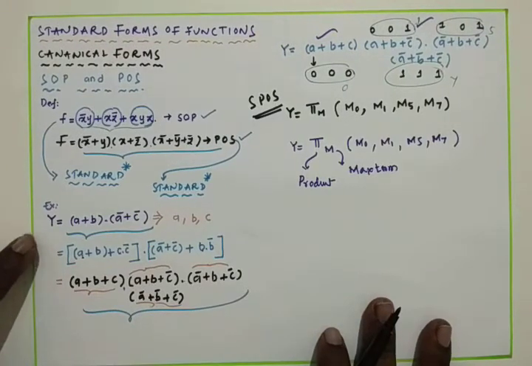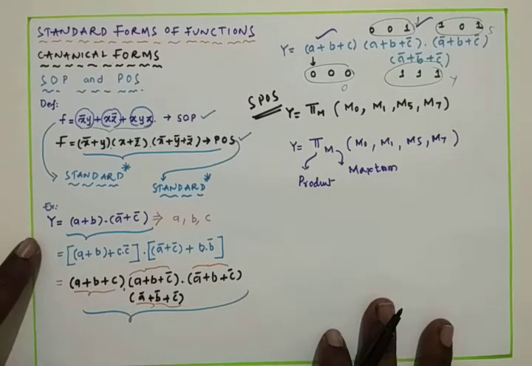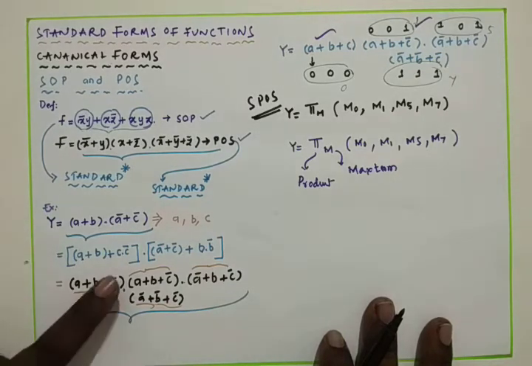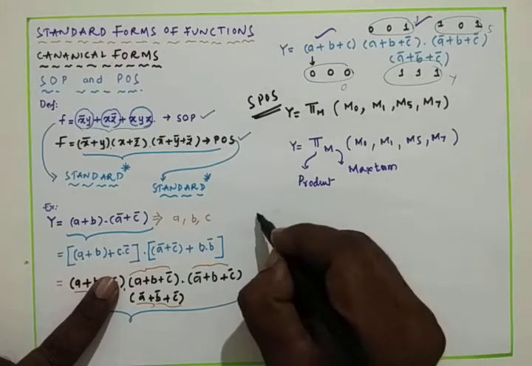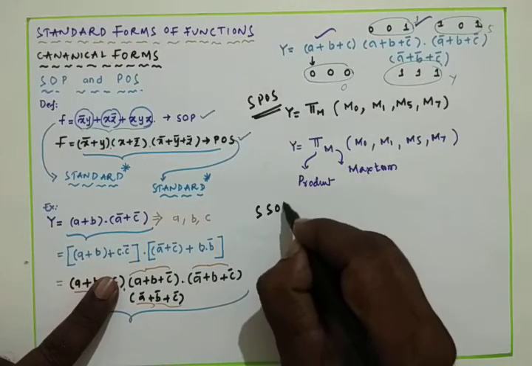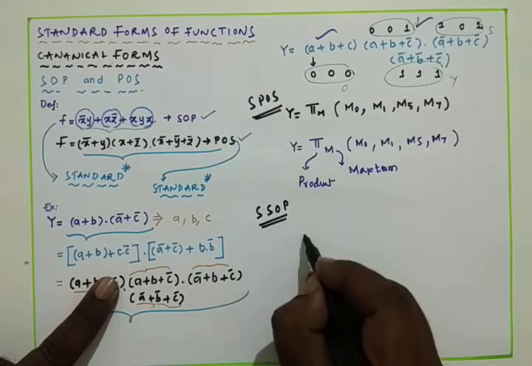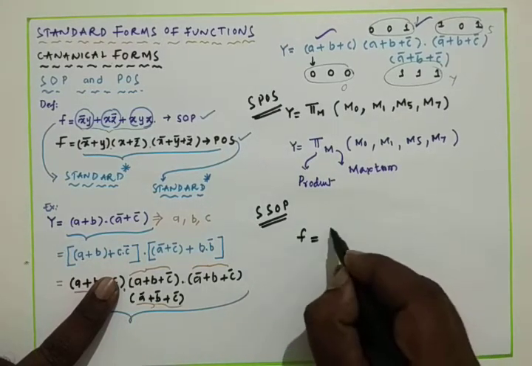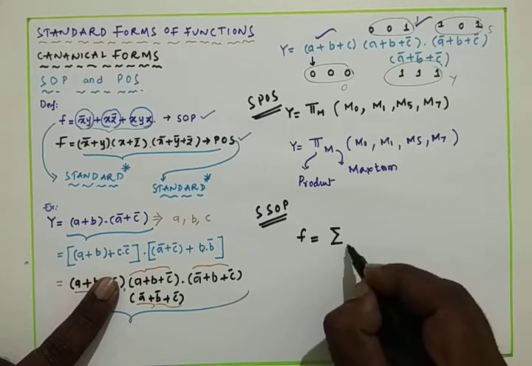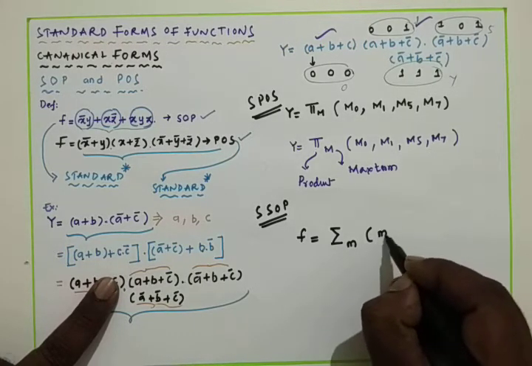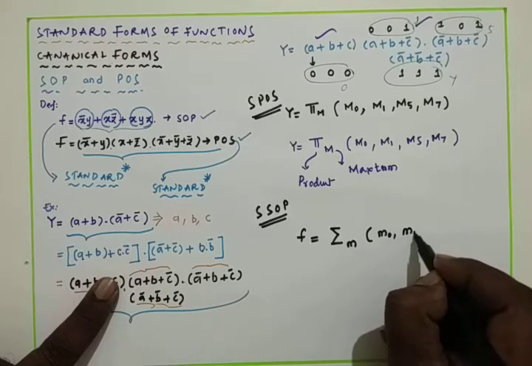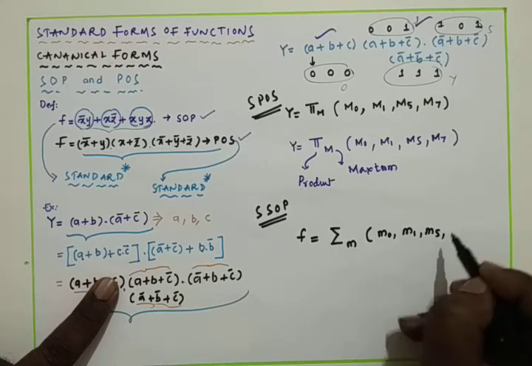Standard form of POS means that in this form each and every term has all the literals, so it is called standard POS. In the previous class we studied standard SOP, like this: F is equal to sigma m of M0, M1, M5 and M7.